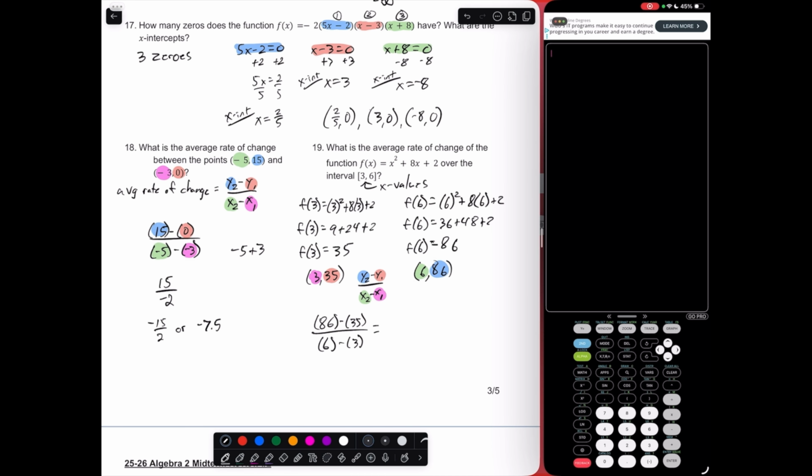Let's click this out. Let's not make another algebra mistake. So 86 minus 35 is 51. 6 minus 3 is 3. These don't look divisible, but they are. So if you don't believe me, 51 divided by 3 is 17. So your average rate of change will be 17, or 17 over 1, however you want to look at that.